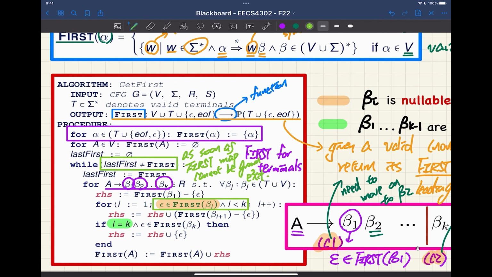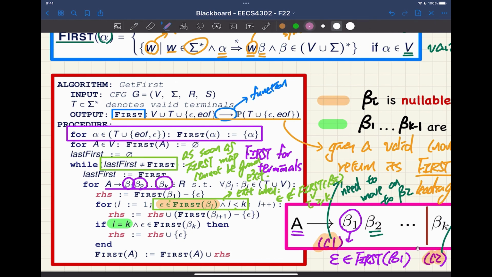To exit from the loop, it needs to be its negation, right? Exit when either the epsilon is not in the first of the current one we're looking at, or we are reaching the end, i larger than or equal to k.